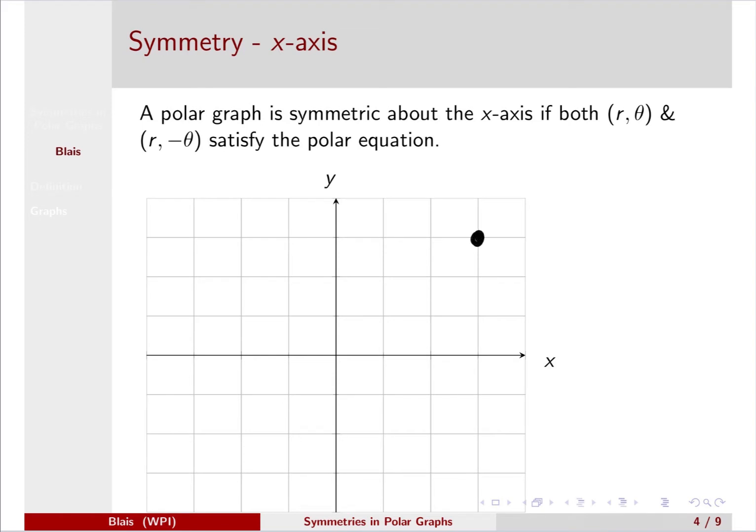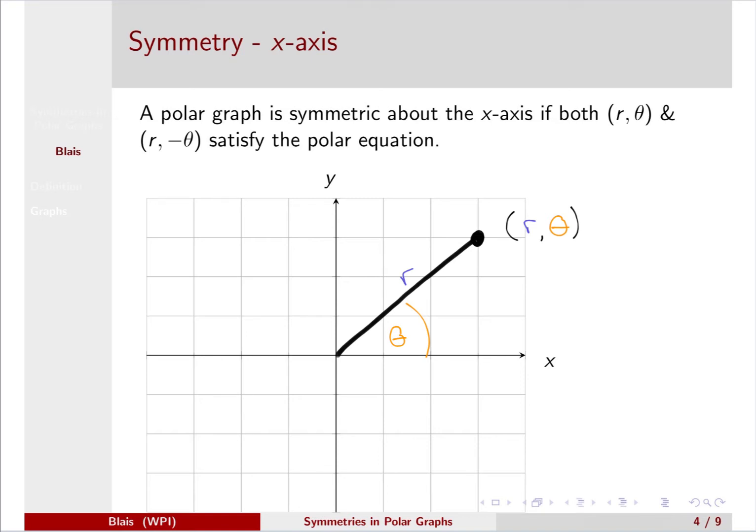So if this point here is our point (r, theta), again, r is the length of this line segment, and theta is the angle between that line segment and the positive x-axis.